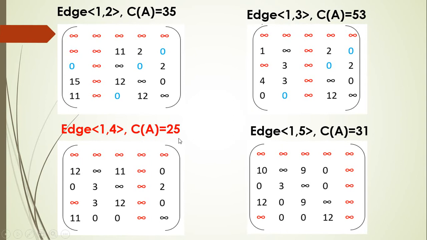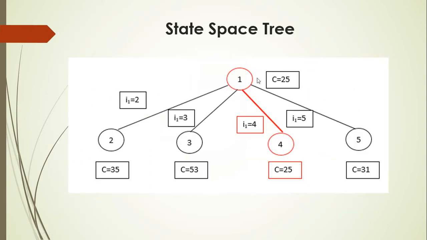So what will we do next? We will travel from node 1 to node 4 with cost 25. If you observe, we have set this as a lower bound. Lower bound means you will get the further values greater than or equal to this one, 25.